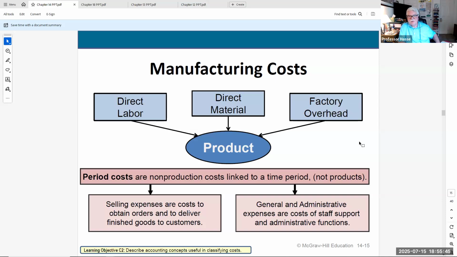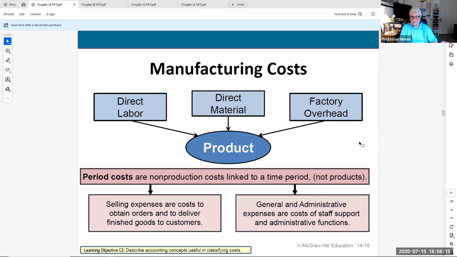So you can produce a product in November of 2024, and it sits in your inventory on December 31st as an inventory asset. Then in January 2025, when you sell it, it becomes an operating expense of the company because you've now sold the product.